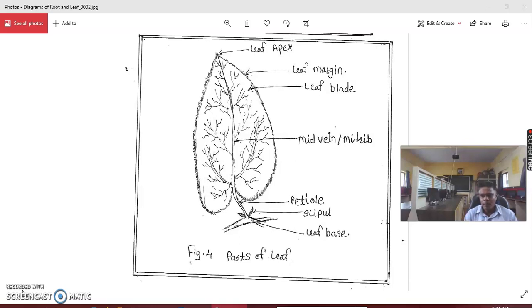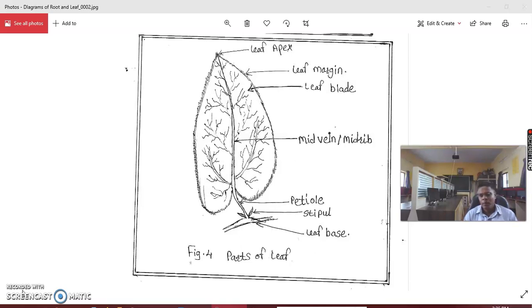The leaf lamina is green in color, and it manufactures food in the presence of sunlight, and the photosynthesis process is done. Chloroplast and chlorophyll are the important constituents of photosynthesis.